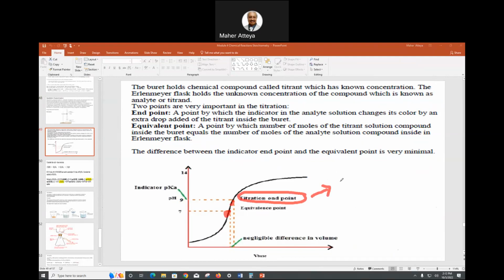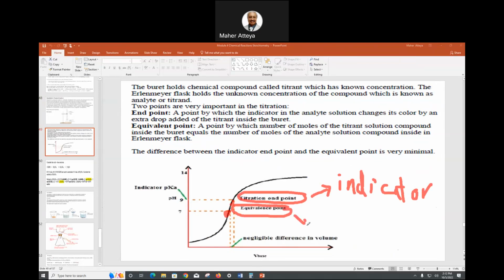So here, you have to use what indicator? Okay, guys, use what indicator? So here we don't use an indicator. Here, the equivalent point, you use what?